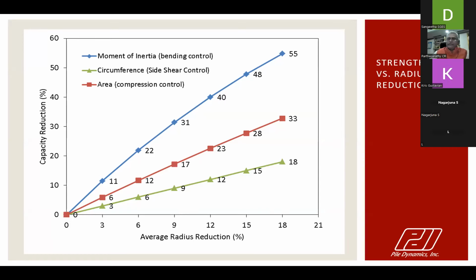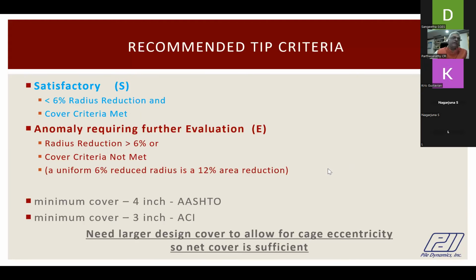So in the PIT and CSL, probably we approximate in PIT, but you can have a more reliable estimate of the cross-sectional area along the length of the shaft. So the recommended tip criteria is satisfactory if you have a 6% or less reduction and the cover criteria is met. If it is more, you may have to evaluate further for a reduction of the effective radius of more than 6%.